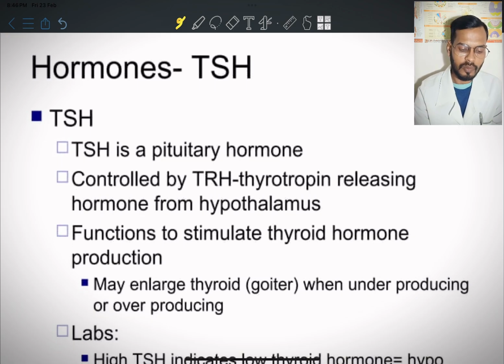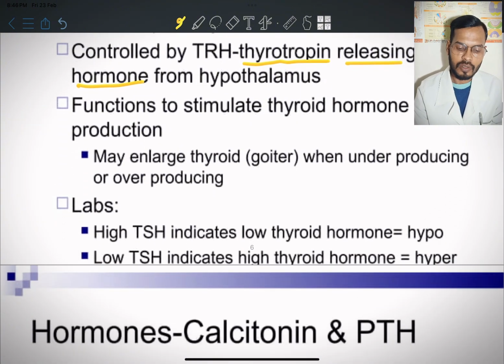Thyroid stimulating hormone is a pituitary hormone controlled by thyrotropin releasing hormone, called TRH, from the hypothalamus. Its function is to stimulate thyroid hormone production. When thyroid hormone production increases or decreases, the thyroid gland becomes enlarged, and this is called goiter.